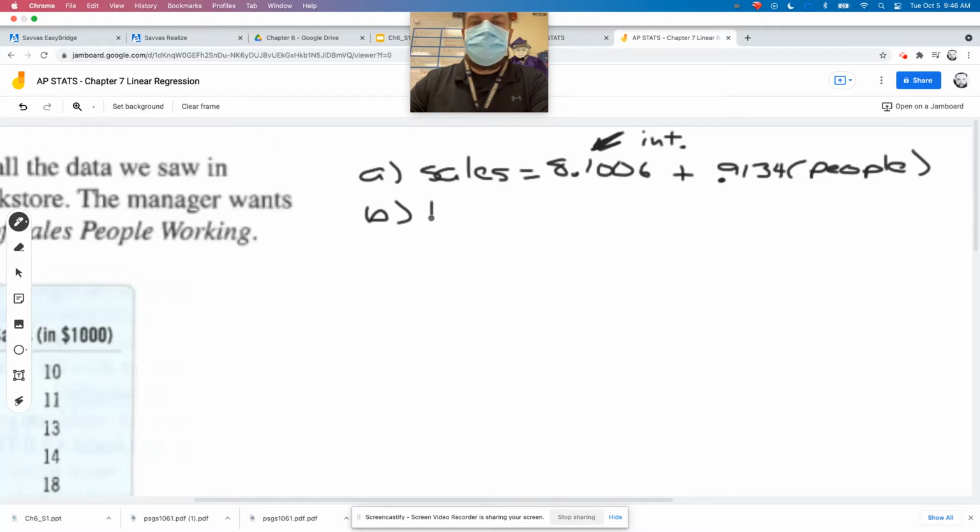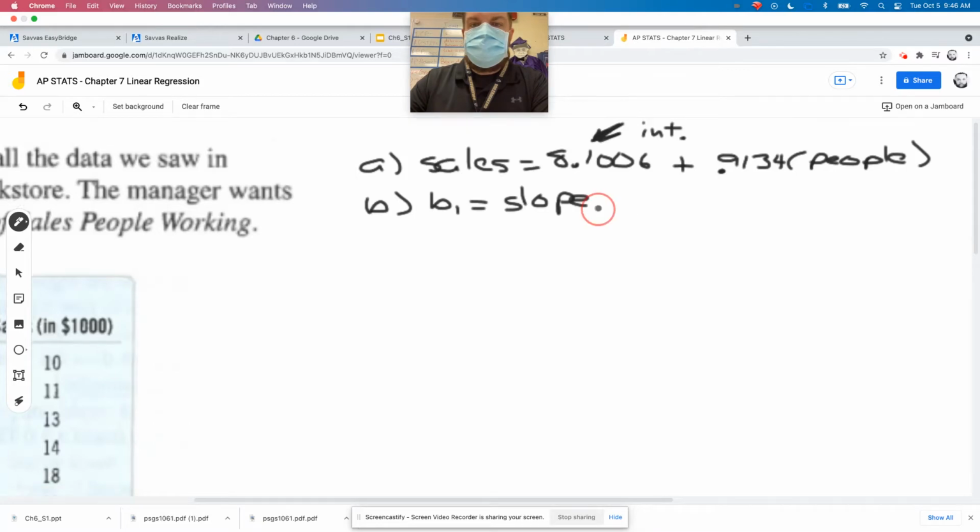Well, B sub 1 is our slope. And that is the multiplier in front of our, in math terms, we would call it the independent variable, right? So the independent variable here is the number of salespeople.